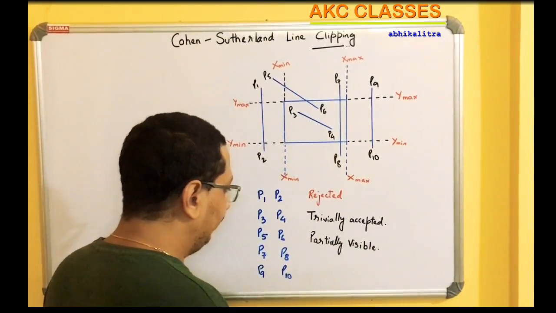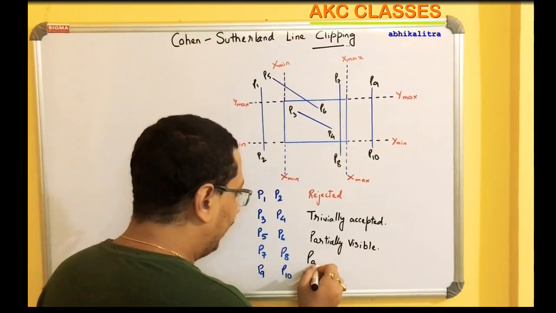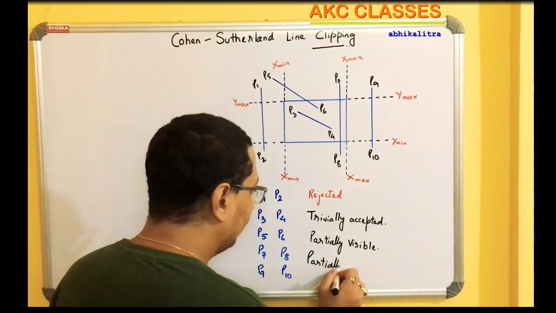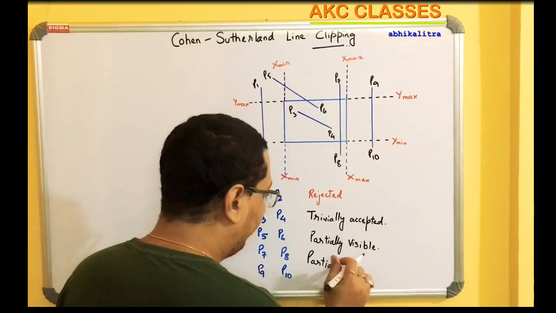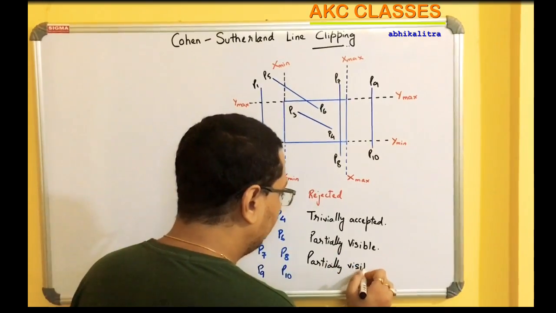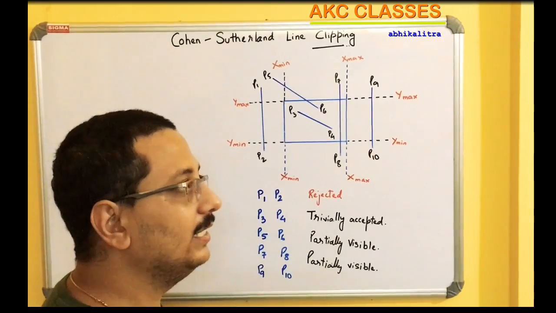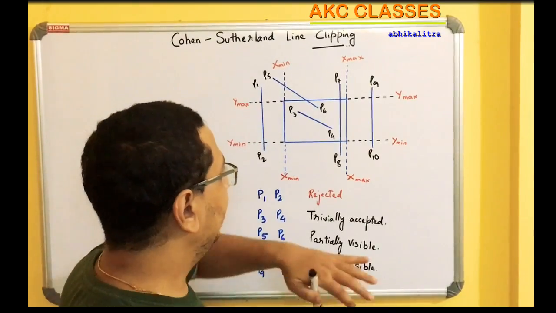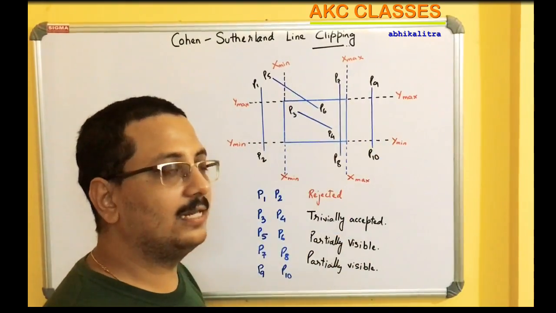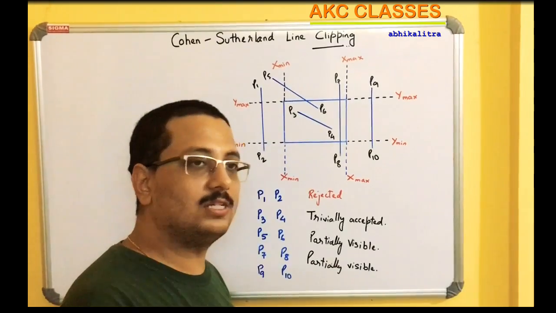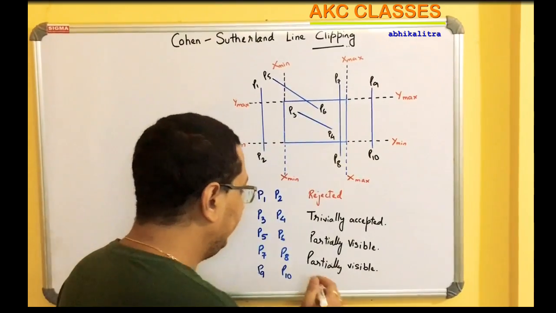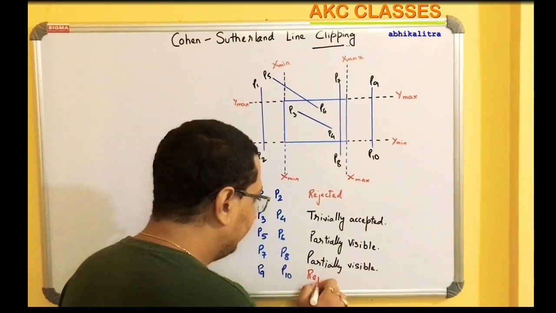So this line is also partially visible. Now the last one, P9 and P10. It has not even crossed the rectangle boundary, so obviously it is rejected.